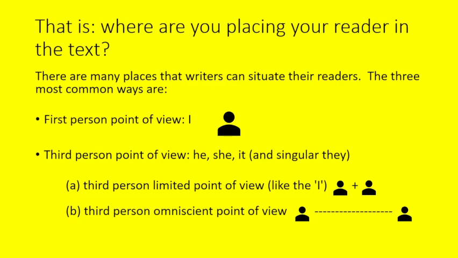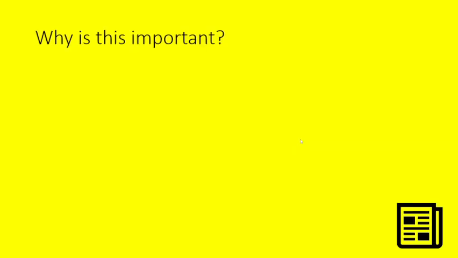Where am I putting my reader? Is it inside my character while my character is using the first person I? Is it on my character's shoulder while I am using she, he, it or they? Or is it floating around and I, the author, also have a point of view? We'll get into that. It gets very complicated. But for the moment, just think reader position.